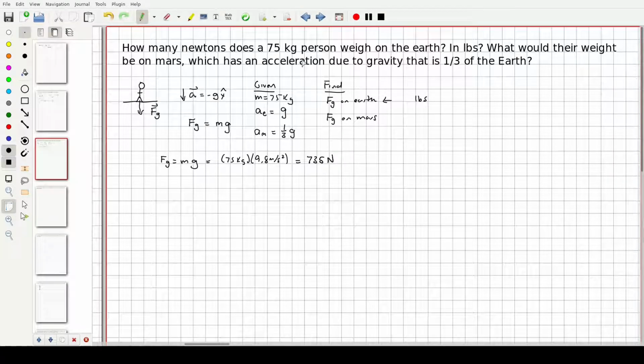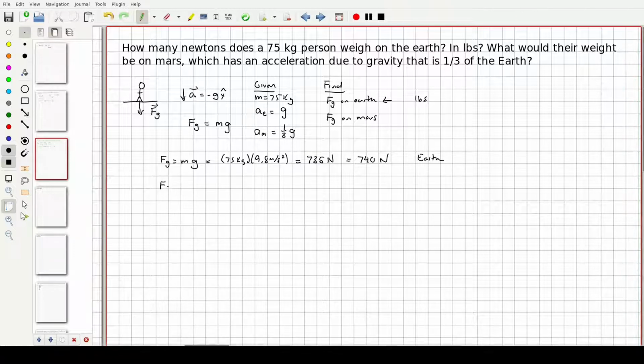Okay. Now, if we were to stick to the number of significant digits that we have here, that would be about 740 newtons, 2 sig figs. Okay, so this right here is on Earth.